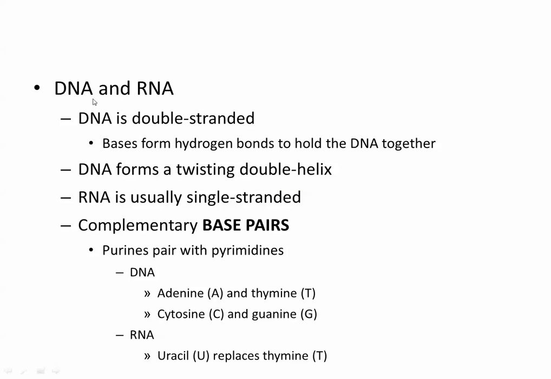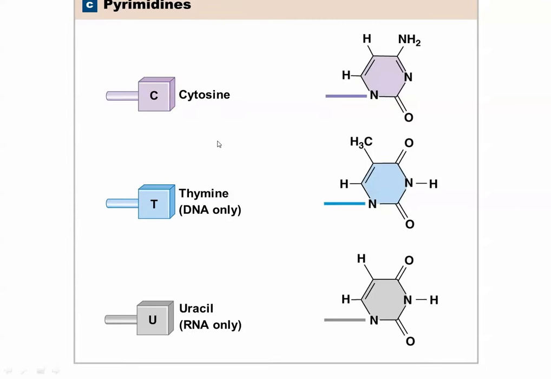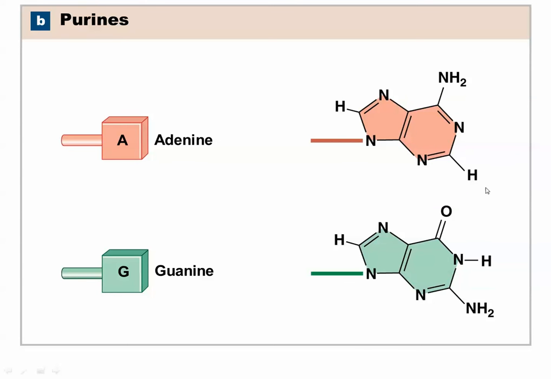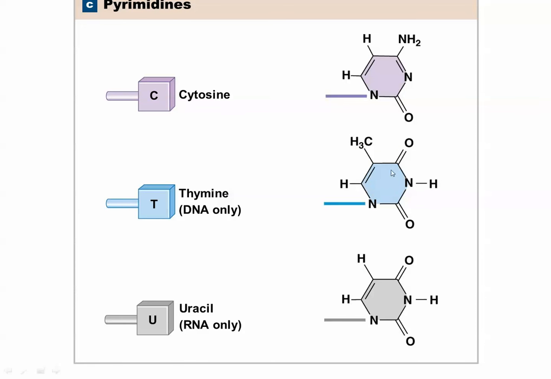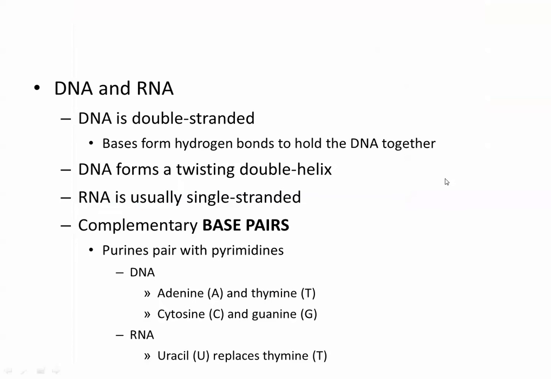So, as we mentioned before, DNA is double-stranded. So what happens is these bases will make hydrogen bonds with one another. And you can see hydrogens and how they could make hydrogen bonds with one another. And in DNA, the hydrogen bonds will hold it together. Now, you've probably seen DNA.